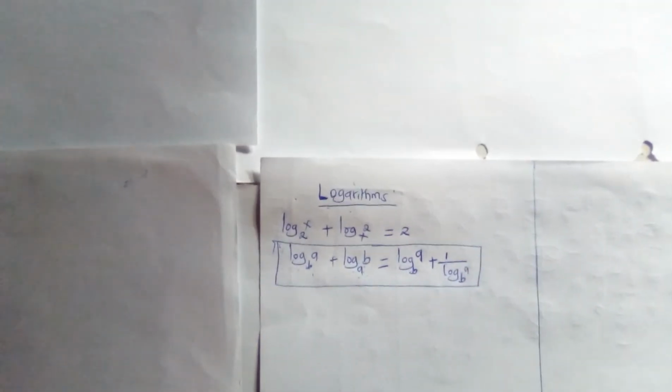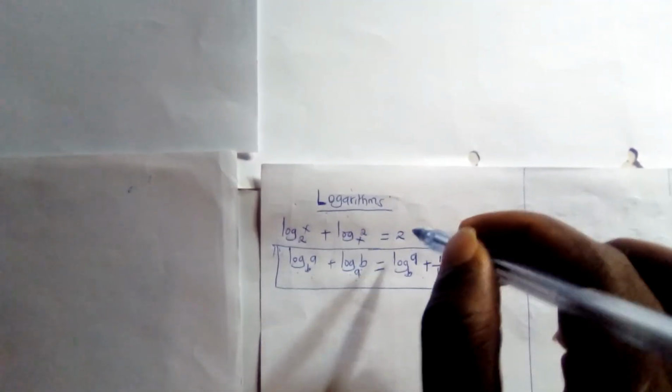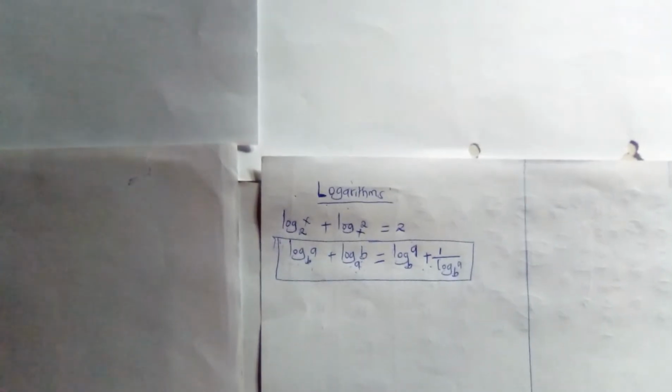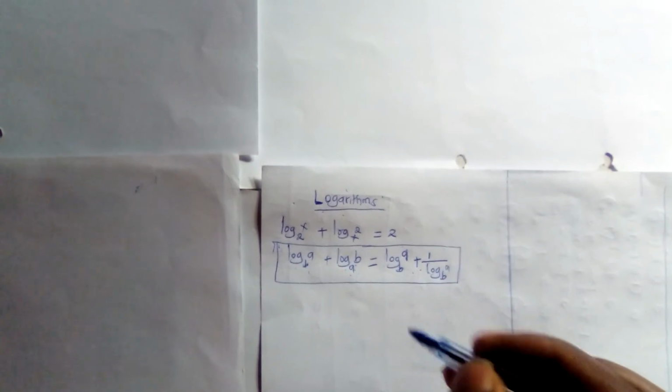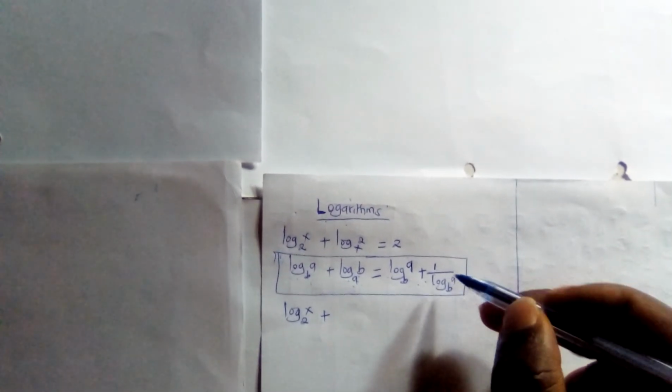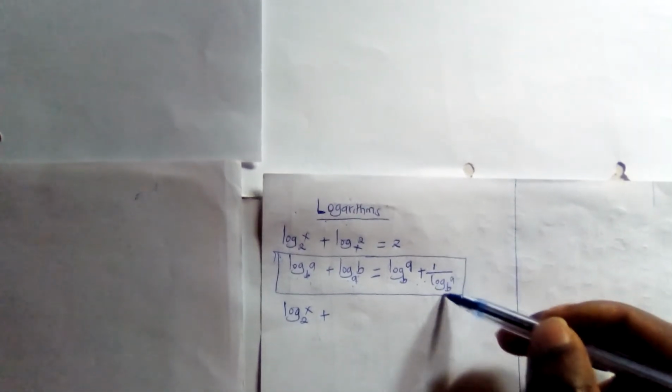Yes, very important. Now the same way I'll derive this problem from the concept I've derived there. Now how can I go to the step? Now I'll have log x base 2 plus, now remember I have 1 over log a base b.